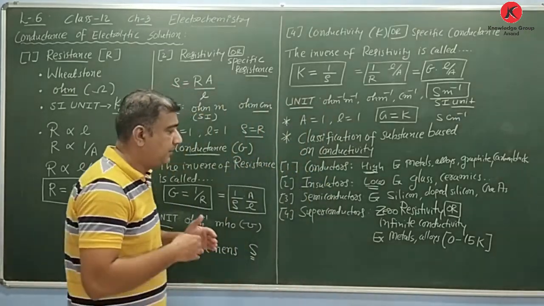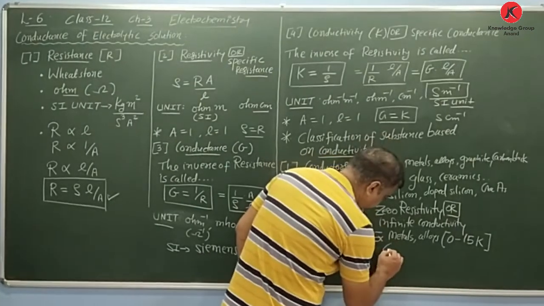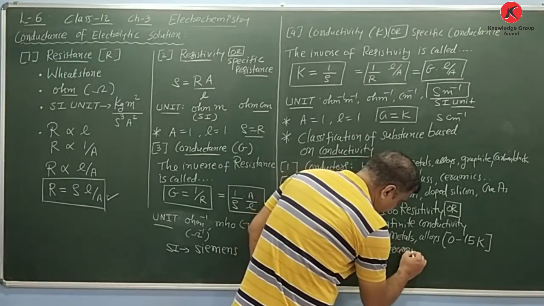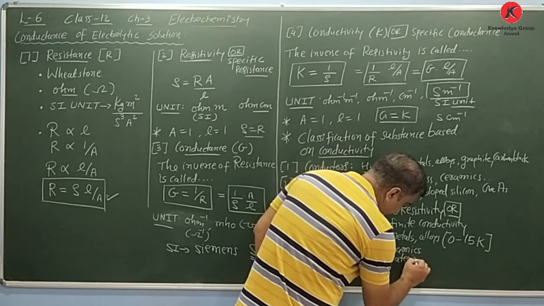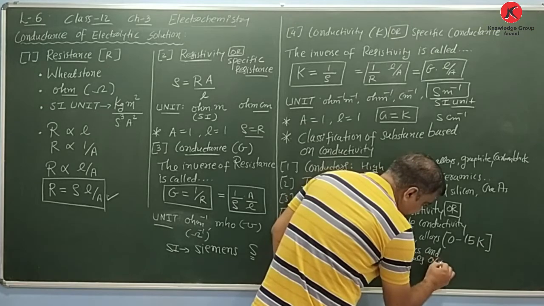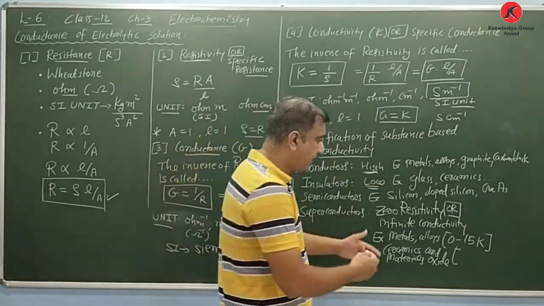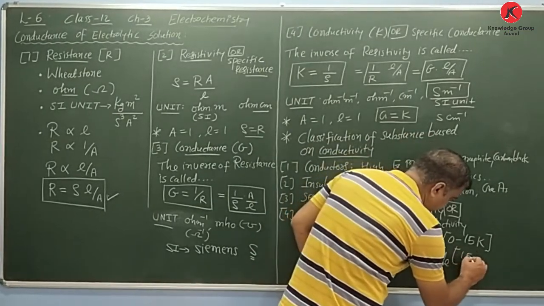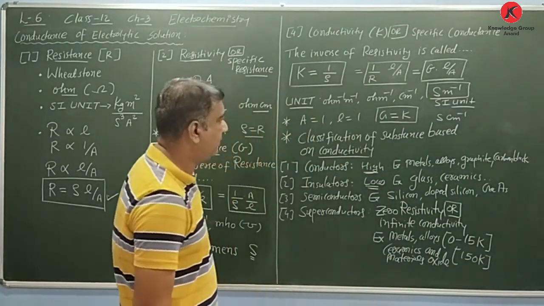That means certain ceramic materials and certain oxides act as superconductors at slightly higher temperature, up to 150 Kelvin.